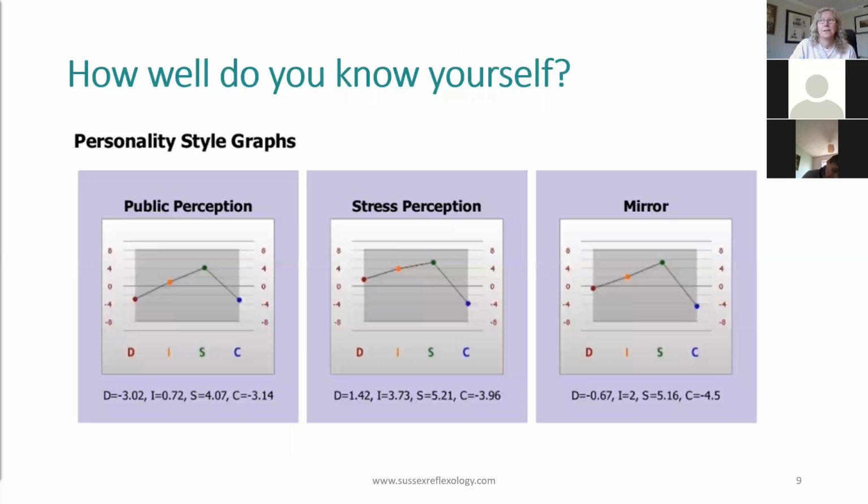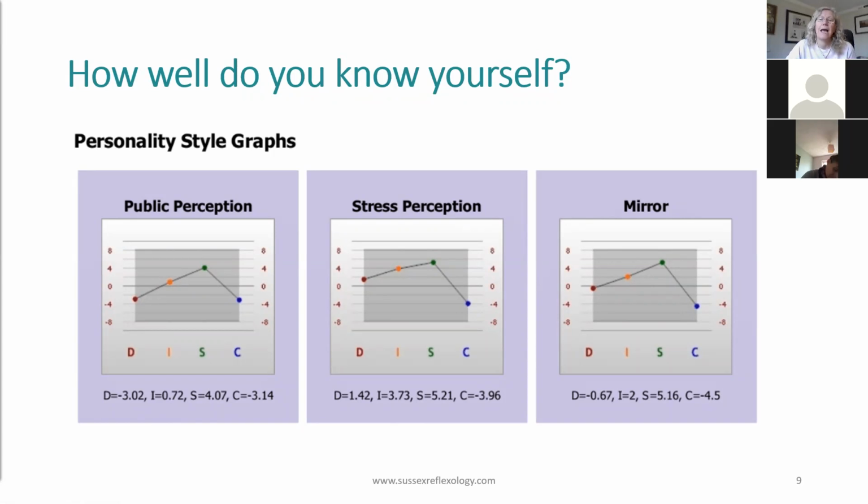And this is my DISC personality graphs. Okay, so what you'll notice here is they are all a similar shape, but there are subtle differences. The first graph, the public perception, is the behavior expected of others.